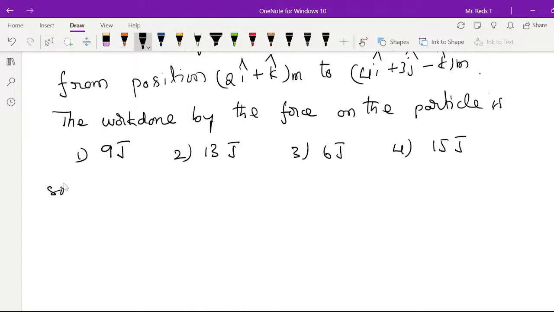Right, so similar method. Work done is F bar dot S bar, but S bar you have to calculate. As we know, work done in vector form is F bar dot S bar. You can take this as equation 1.